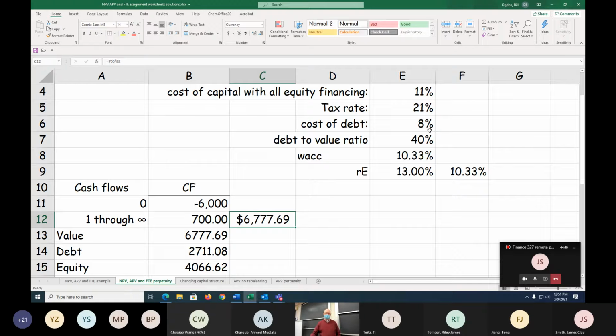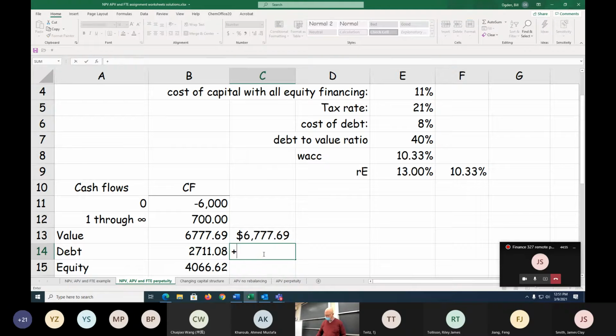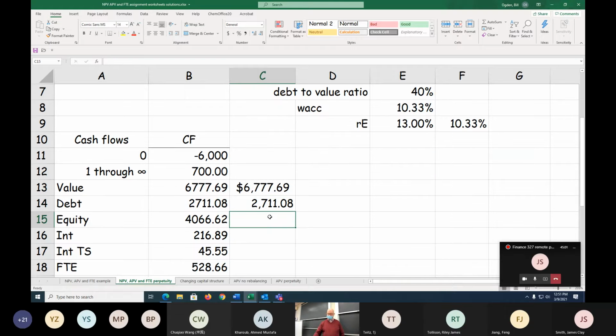Okay, and we're going to take 40% of that as debt. So I'll take 40% of that, and I don't need to point because it's a pretty round number. And then the difference is equity. What's the parallel between this number and what we did on this sheet?